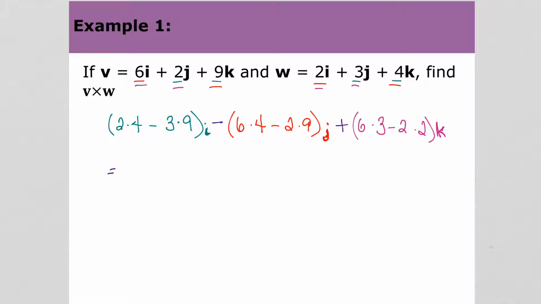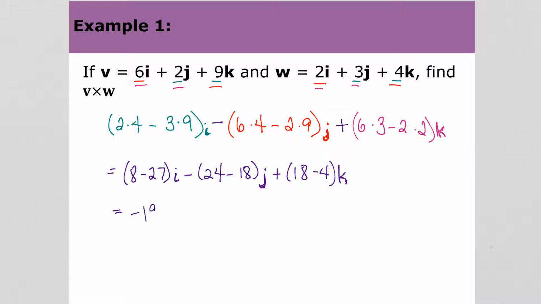You can use the formula on your test. So that'll be 8 minus 27I minus 24 minus 18J plus 18 minus 4K. Simplifies to negative 19I minus 6J plus 14K. So this is the cross product, V cross W.